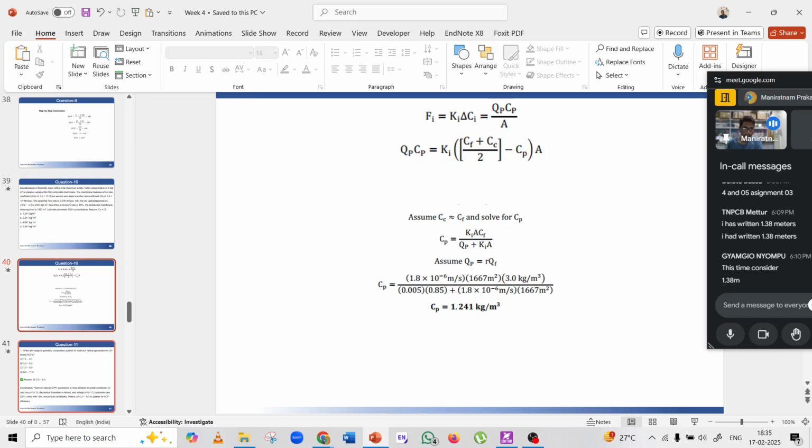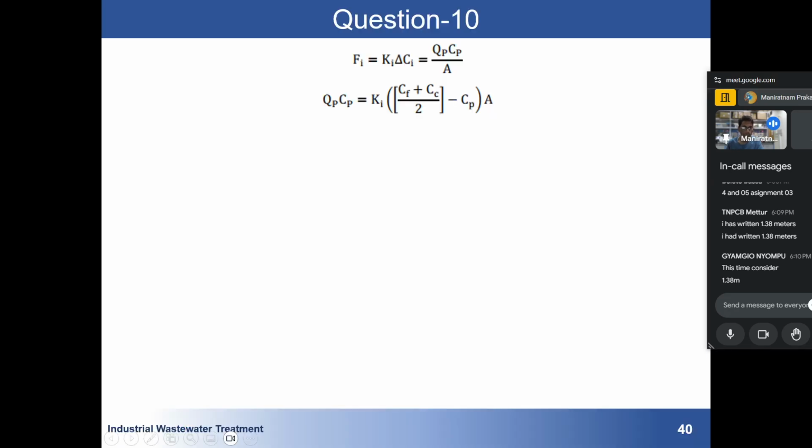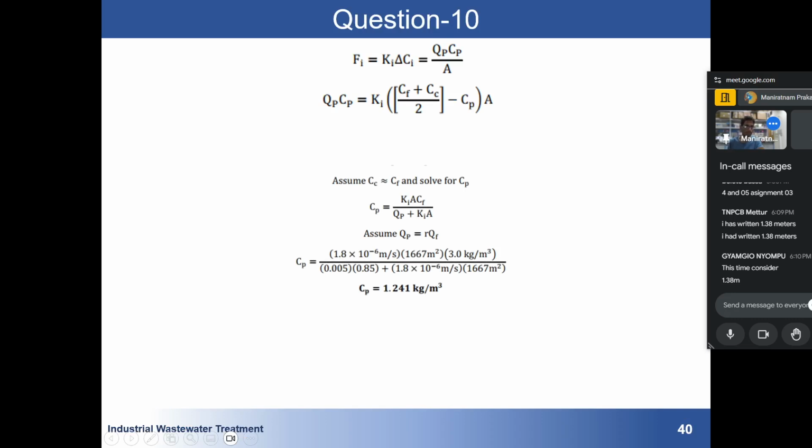We have put the values and found the answer. It was direct, every value was given to you. You have to substitute the values in the formula. Any doubt in this? Ki was given to you, area was given to you, Qp was given to you.